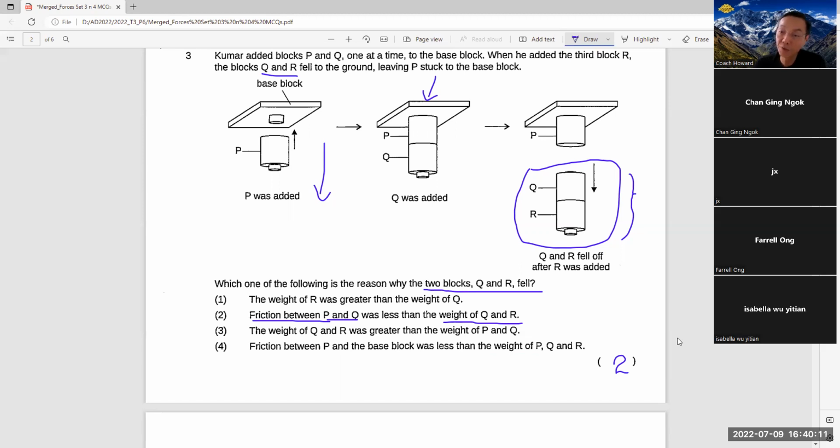When you charge your phone, the phone has this part where you connect to the cable. They say at first the phone didn't drop. After some time, the phone dropped off from the cable. So it's the same concept. The weight of the phone exceeds the frictional force between the cable and the charger.